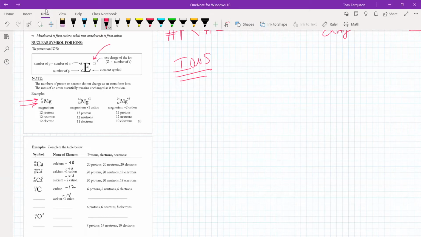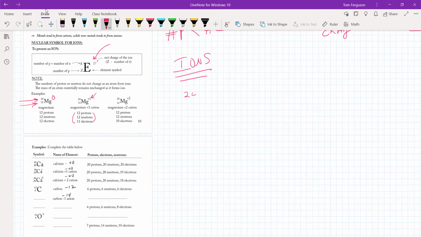And because we have no charge, that means electrons and protons are equal. If we have an imbalance between protons and electrons, like here, we have one extra proton or one extra positive charge. Hence, it's going to be like that.